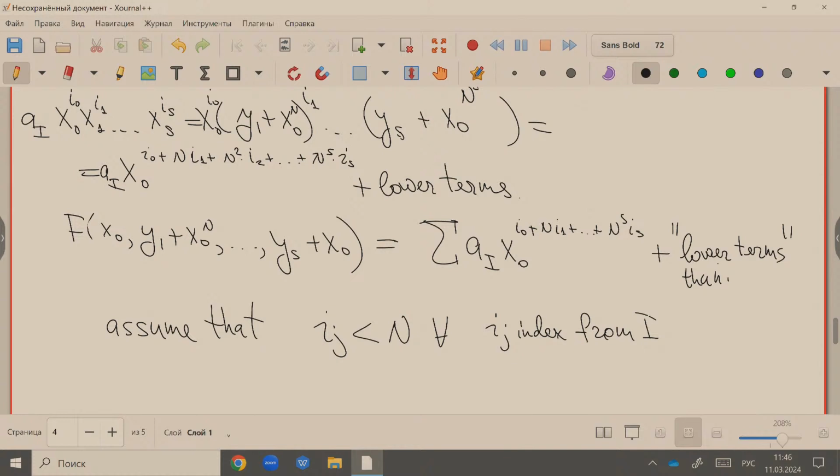This can be obtained by taking n larger than the full degree of f.